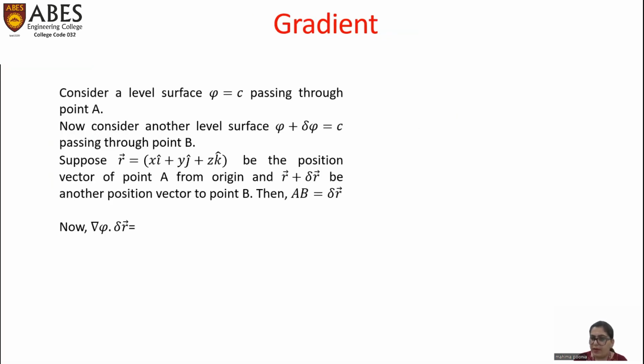Let us start our topic, gradient of a vector. For that, again, let us consider two surfaces. Let the first surface be phi equal to c, and the second surface be phi plus d phi equal to c. Let us suppose these two surfaces must follow two conditions.